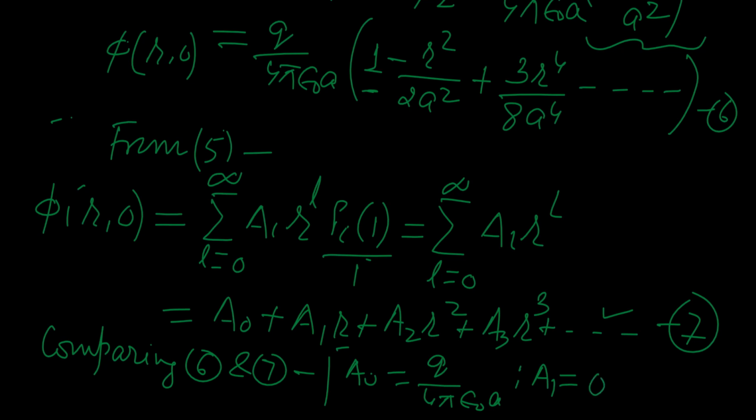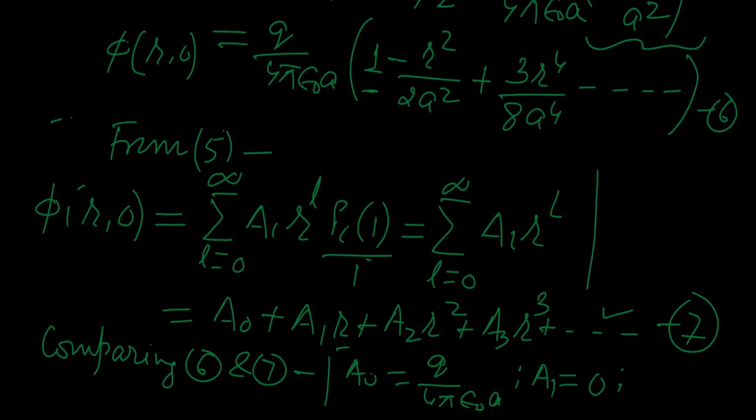Again, the next term contains r square, and in equation 6 the term containing r square has a coefficient of minus Q divided by 4 pi epsilon naught into 2a cube. So what will be A2? Let us write it here.